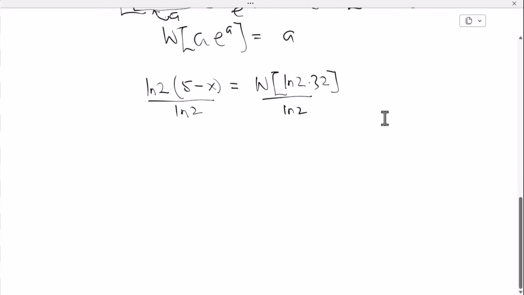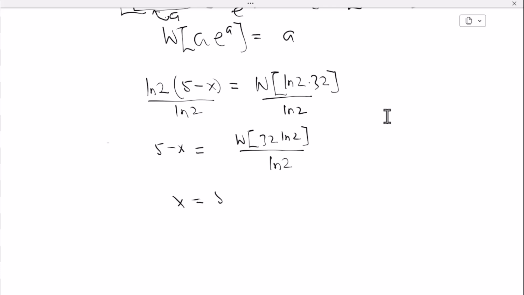And when we do this, we are going to have 5 minus x to be equal to the Lambert W function of 32 natural log of 2 divided by natural log of 2. And x is just going to give us 5 minus the Lambert W function of 32 multiplying natural log of 2 divided by natural log of 2.